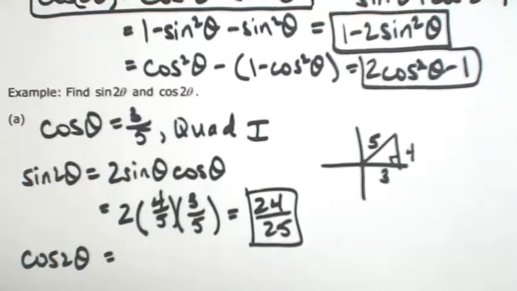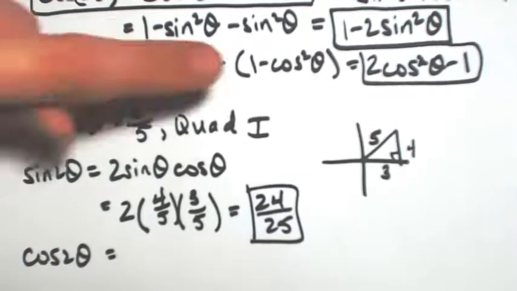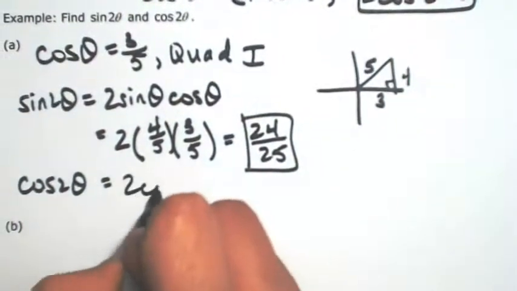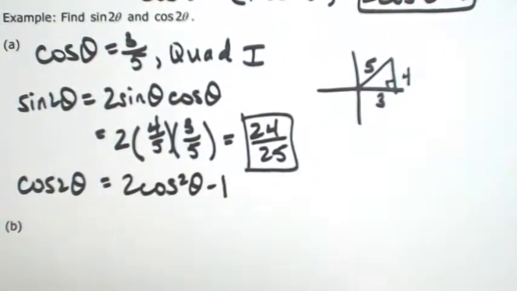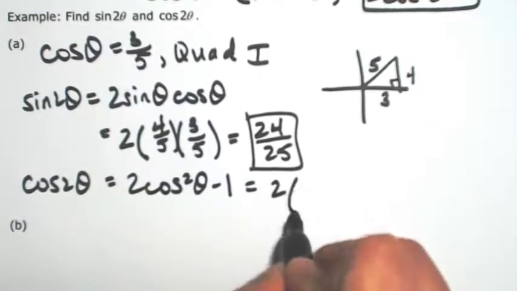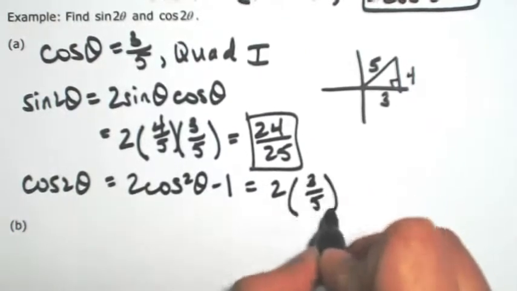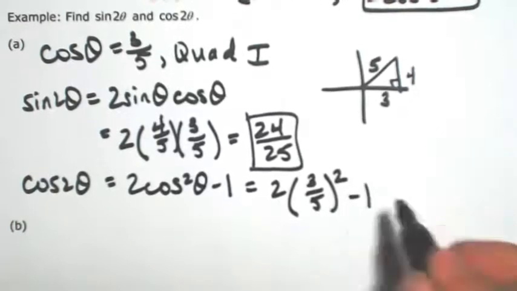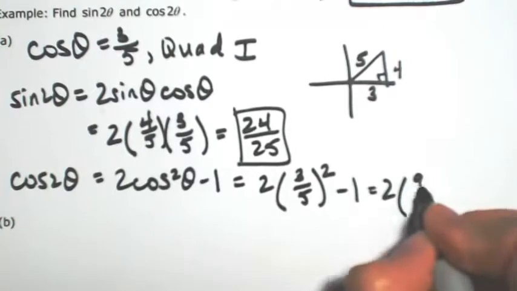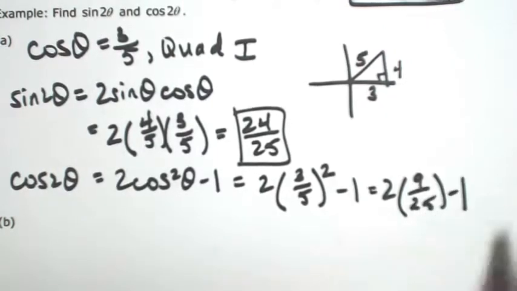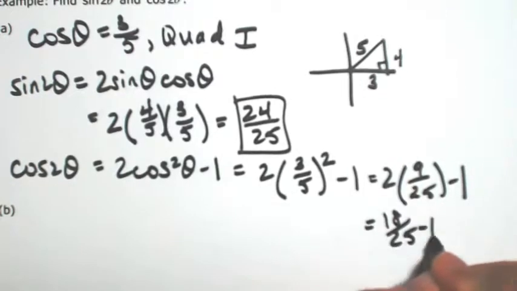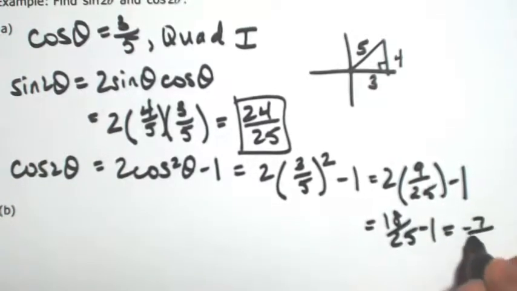So I'm going to use the information of cosine, which means I'm going to use the third formula. Cosine again was given, so we'd have twice the cosine of theta squared, then minus 1. So 2 times 9/25 minus 1. So 18/25 minus 1, or negative 7/25.